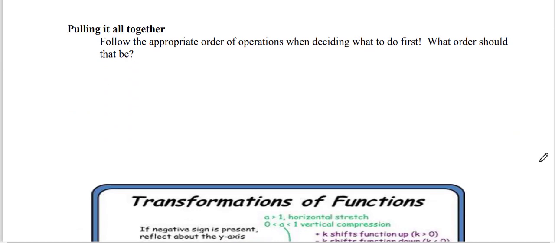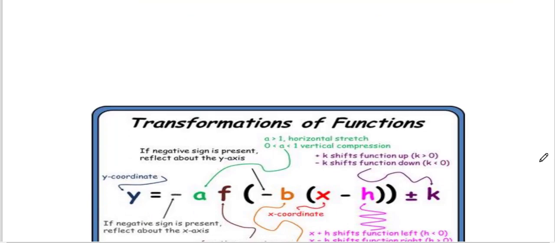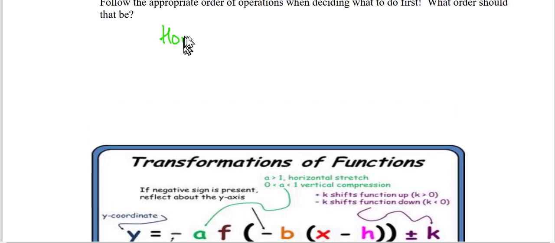Okay, so order of operations is super important. I put a picture here to talk about how this can all be combined. This picture shows all of the things. If you plugged in a value for x, the first thing you would have to do is subtract the h from it. That h, the horizontal shift, is going to be first.